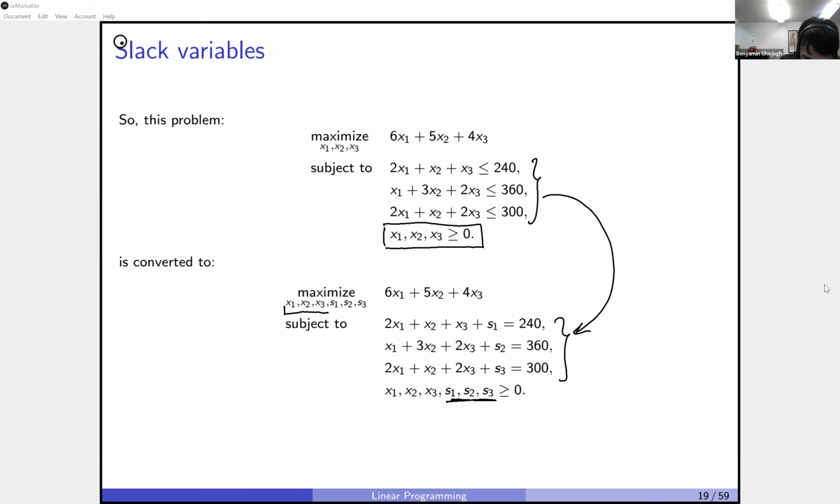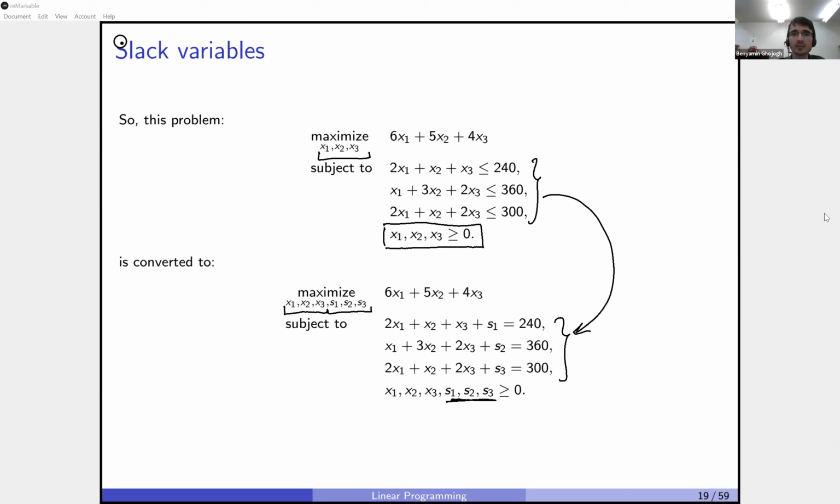The objective variables were only 3 before, now they are 6. Why? Because for each inequality constraint, which is less than or equal to, we added a slack variable. In other words, we increased the number of variables from 3 to 6. So far clear?